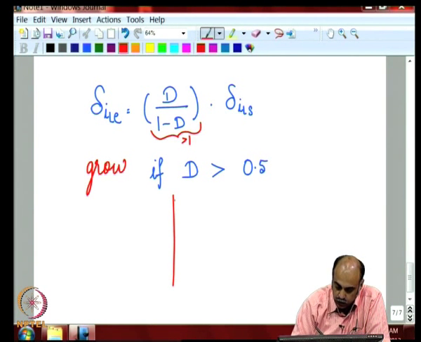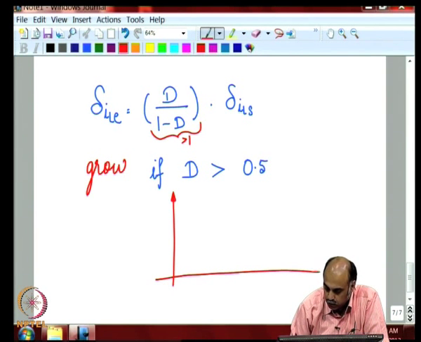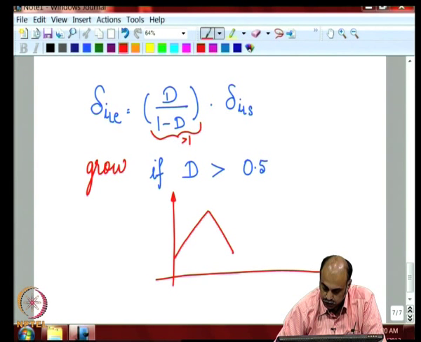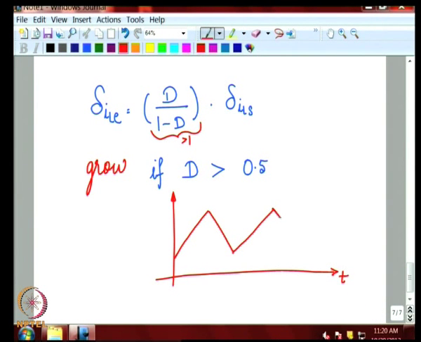So, let me quickly draw the wave shape here, T. So, this is our inductor current. I am trying to show the duty cycle is greater than 0.5.